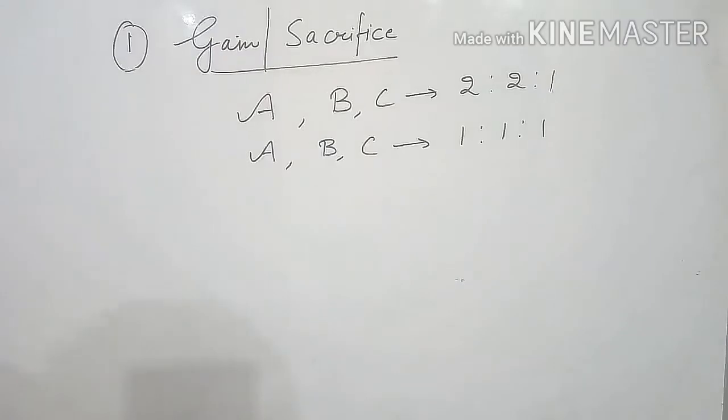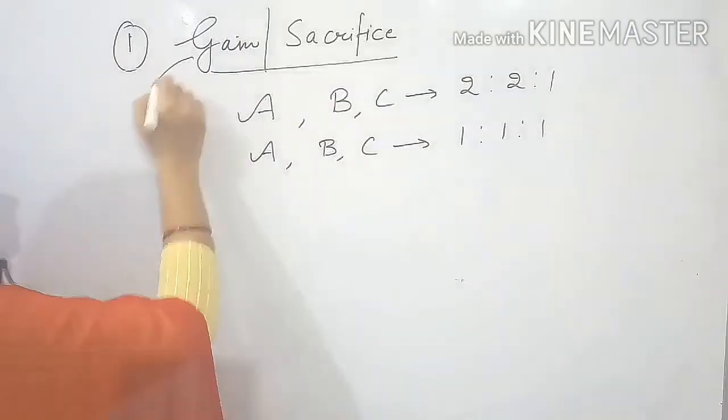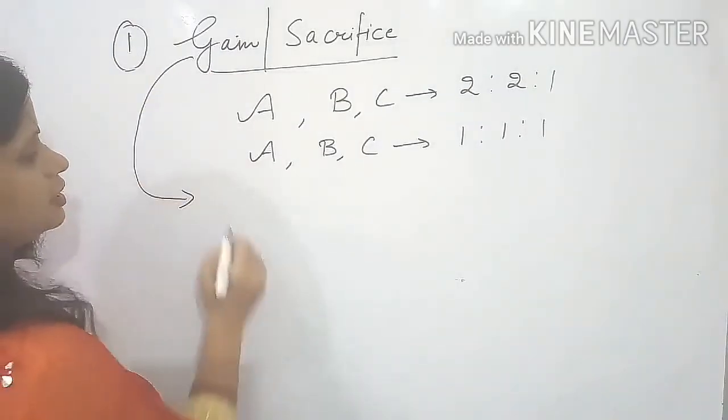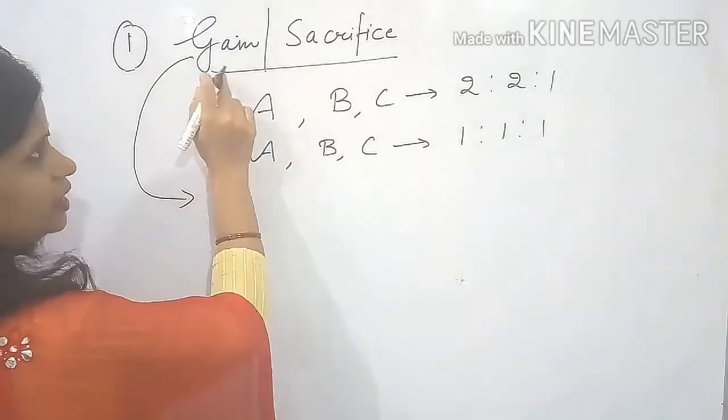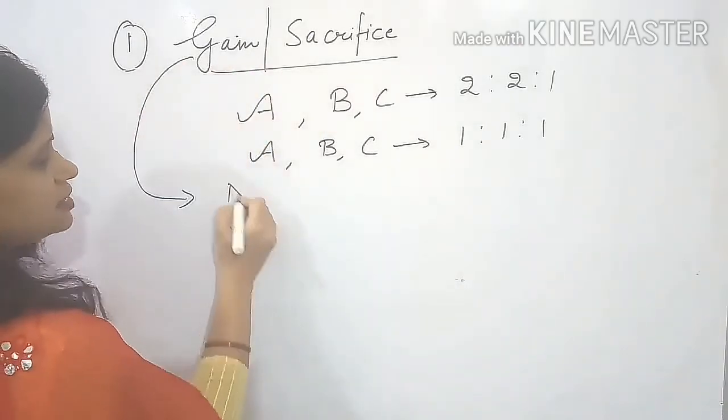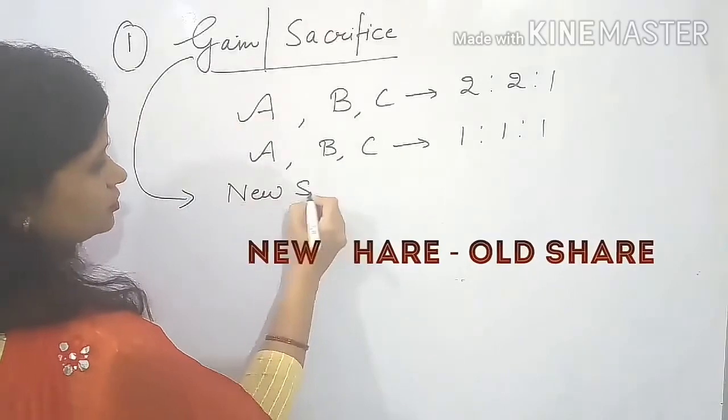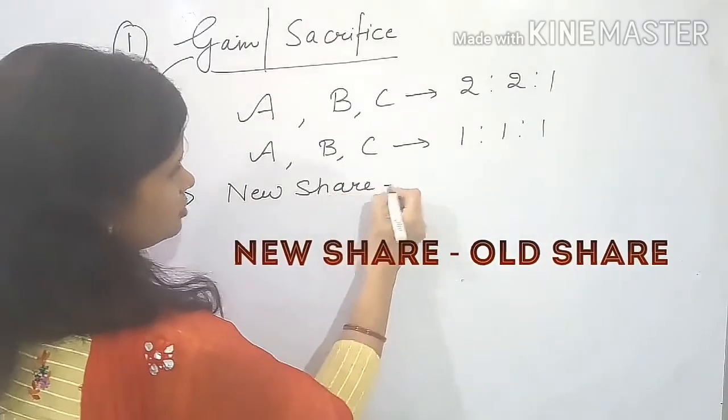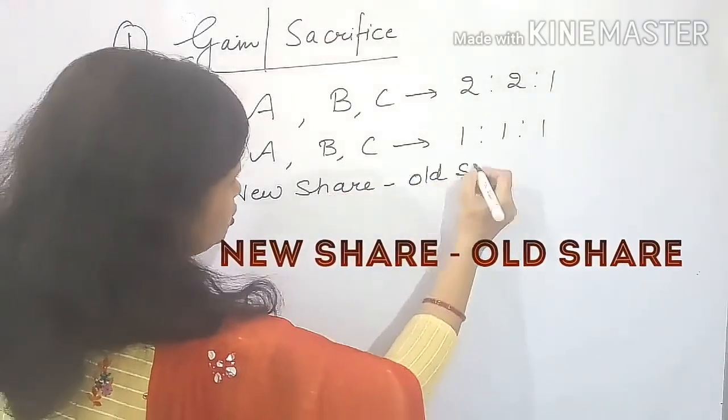Then how will we calculate their gain or sacrifice? The formula for calculating gain and sacrifice is new share minus old share.